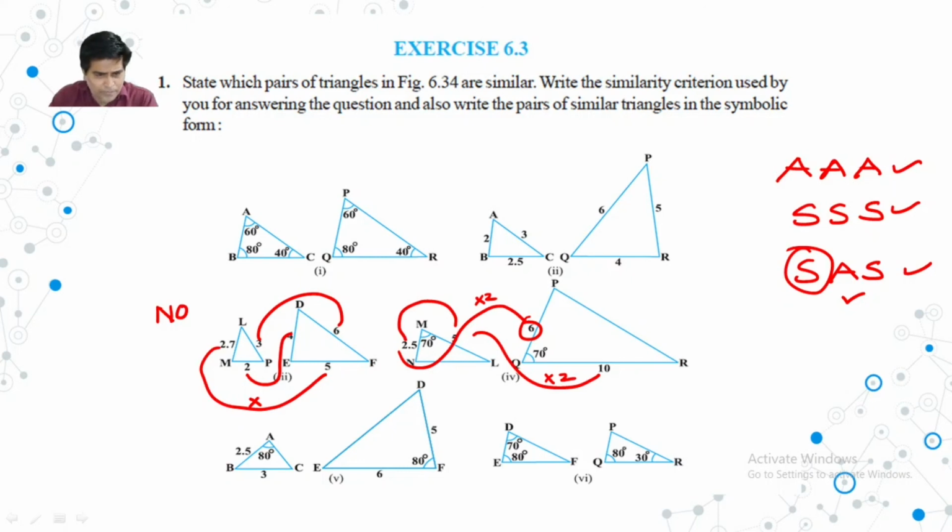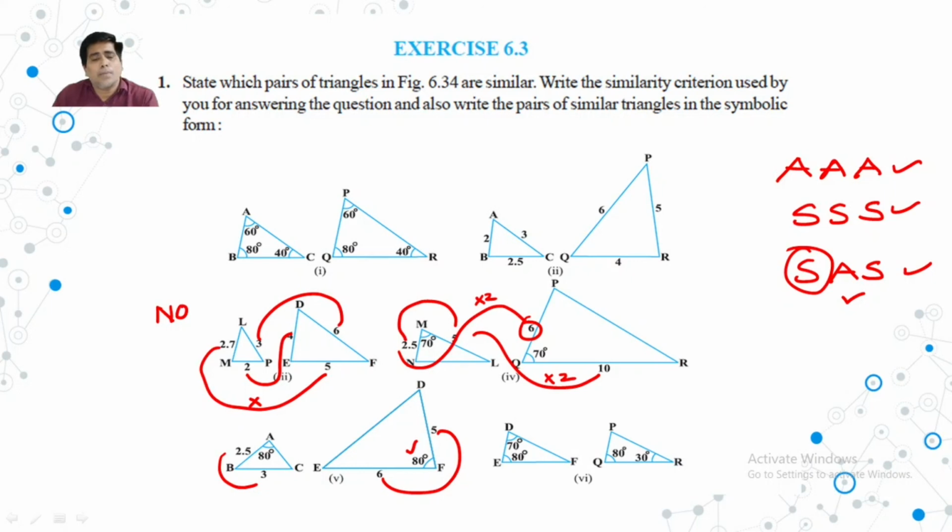What about the fifth one? In the first figure, he has given two sides and one of the angles is 80. In the second triangle, between two sides, he has given the included angle 80. So we should get the included angle here. In the second triangle, it is clearly in between two sides we have the included angle, but here the sides are proportional only. 2.5 becomes 5 here, 3 becomes 6 here.